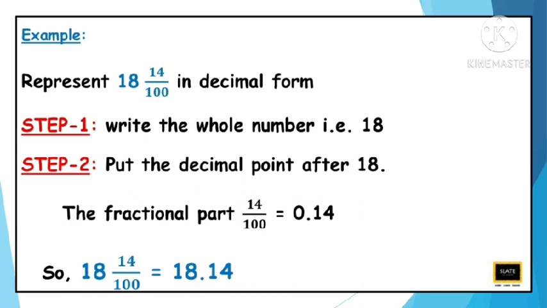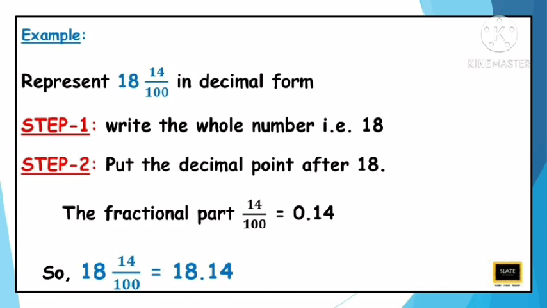Here if you observe, 18 is your whole number and 14 by 100 is your fractional part. So first write the whole number, that is 18. Then put the decimal point. As we have already seen that decimal point separates the whole number from the fractional part. So once you write 18, then you put a decimal point. Now the fractional part, that is 14 by 100, can be written as 0.14 in decimal form.